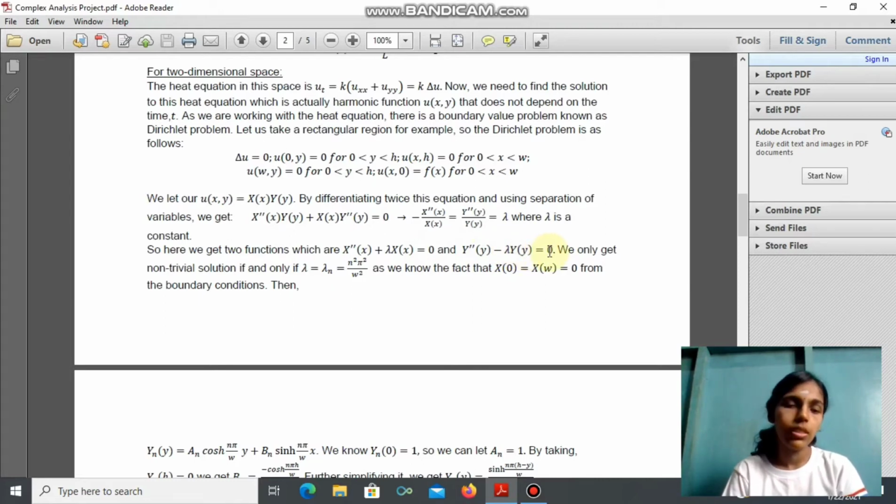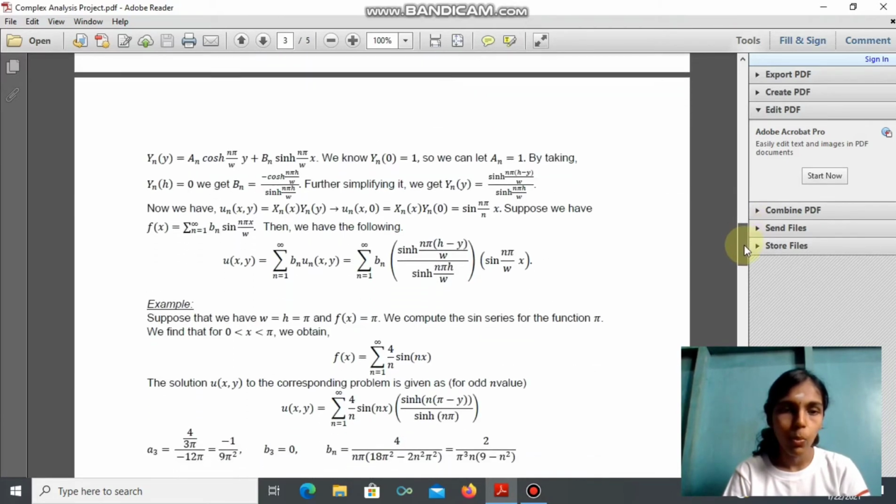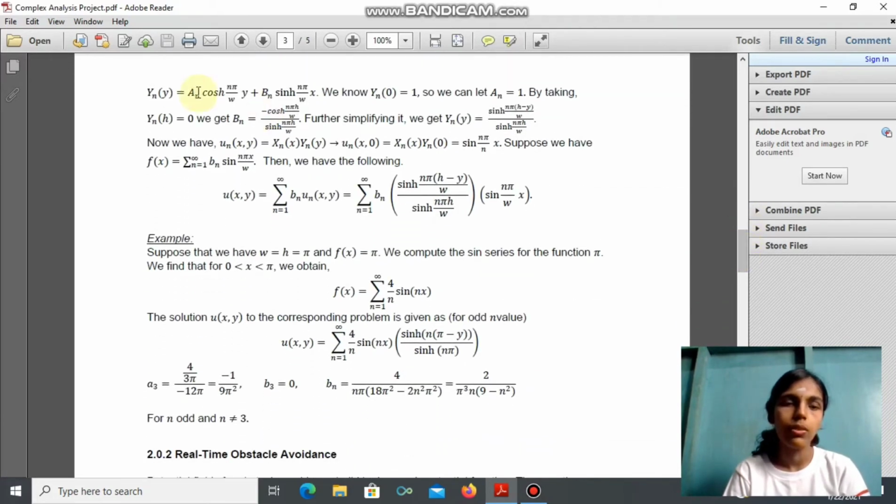Now for both these equations, we only get a non-trivial solution if lambda is equal to lambda_n, which is equal to n squared pi squared divided by w squared. This we get from the boundary value problem such that X(0) is equal to X(w) is equal to 0. Next, after getting this value, we can get Y_n(y) equal to a_n cos(n pi y over w) plus b_n sin(n pi y over w).